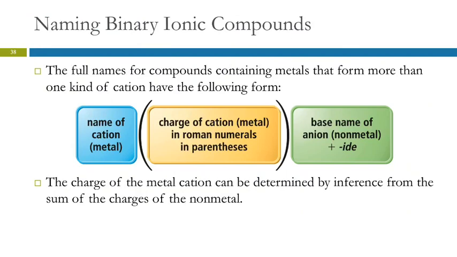So naming binary ionic compounds with the other kinds of cations. So if it's not in group 1A, 2A, 3A, zinc, or silver, we need to put the Roman numeral in parentheses. It goes after the name of the cation and before the name of the anion. So in a man's name, King Henry VIII, right? The 8th part goes after his name.